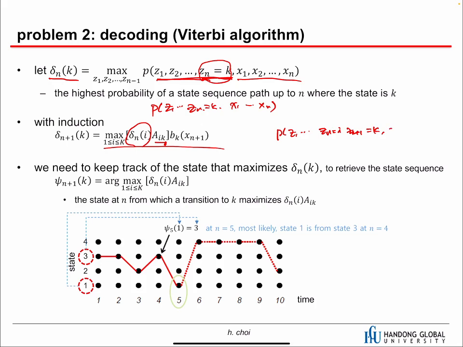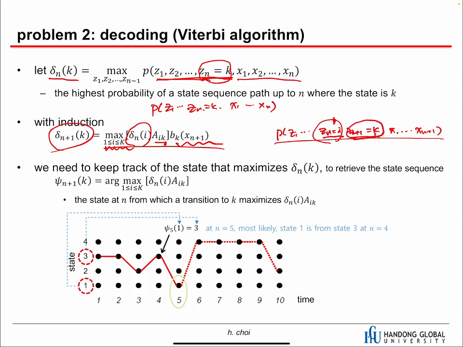And then we have x1 to xn plus 1 because we have the emission probability here. We can have state i and state j for time n and time n plus 1, but we check the best i. So it is actually delta n plus 1 of k.